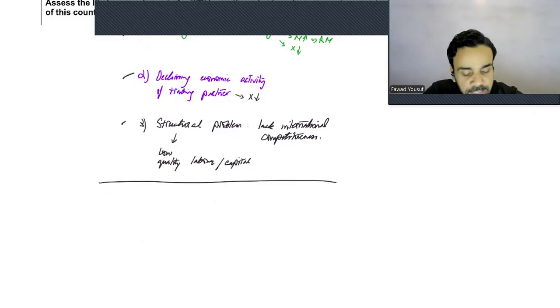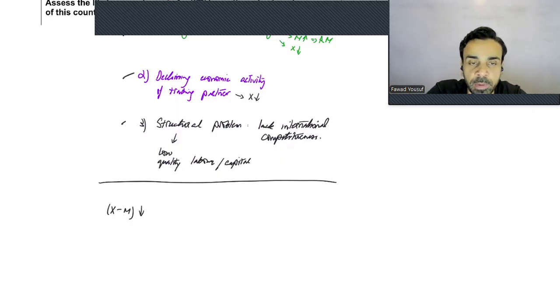If we have a deficit, and let's assume that our exports minus imports, this particular number is falling because imports are higher, so the whole net exports is falling.